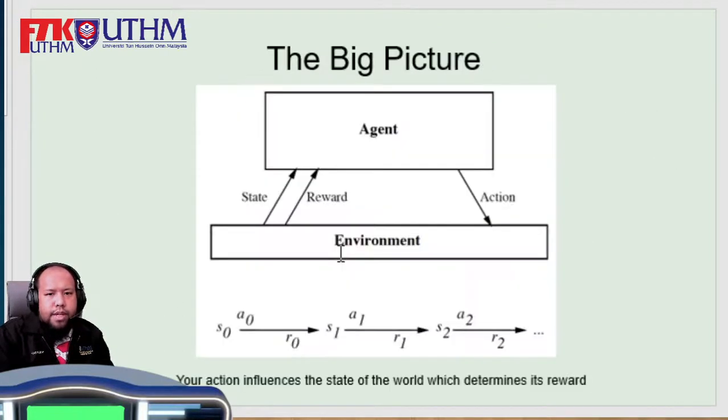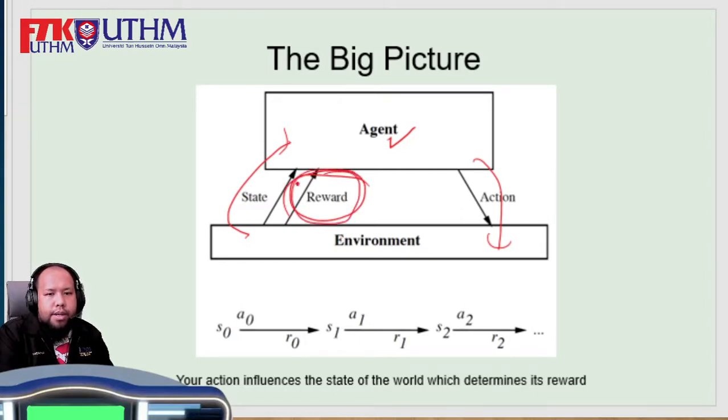Ni kita dah cover tadi. So the bigger picture is here lah, right? If you learned before this, your intelligent agent gives an action to your environment, and your environment will give only the state kan. But in reinforcement learning, it also has what they call a reward lah.